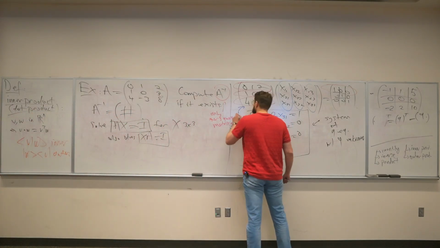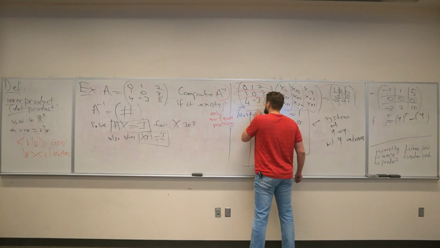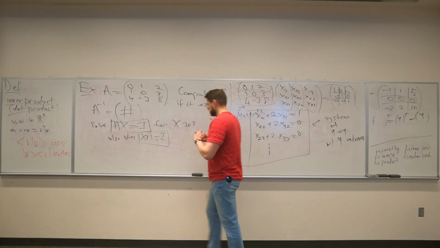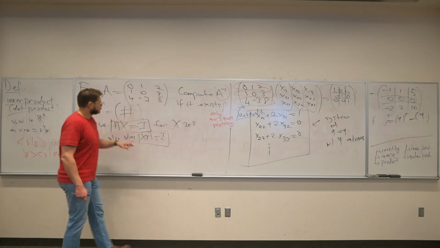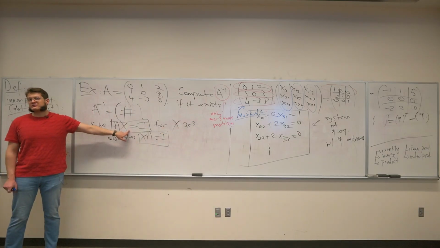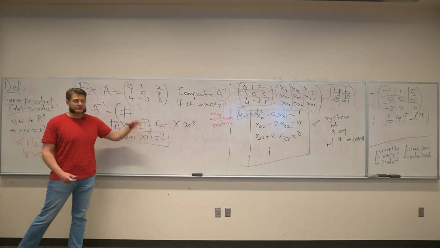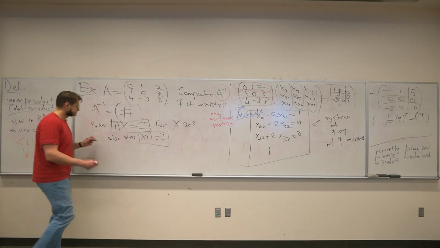Method 2 is to not go down this path, but turn this into an augmented matrix. Now on the right-hand side, you're going to have a 3 by 3.